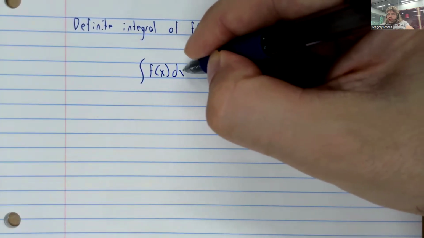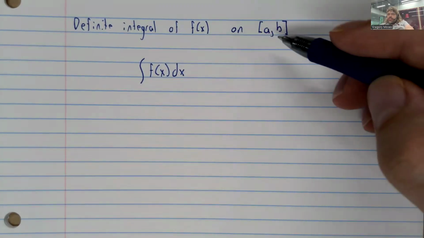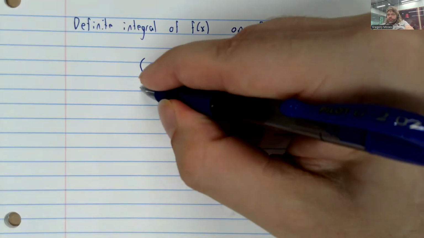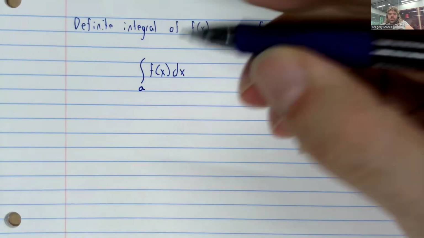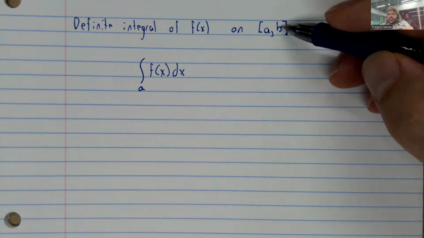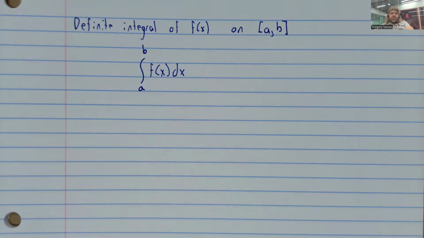So the integral symbol f of x dx. The exception is that the start of this interval gets written here at the bottom of the integral symbol, and the end of the interval gets written up here.